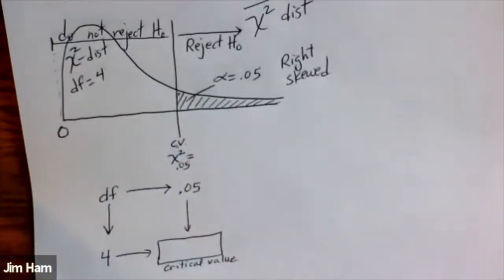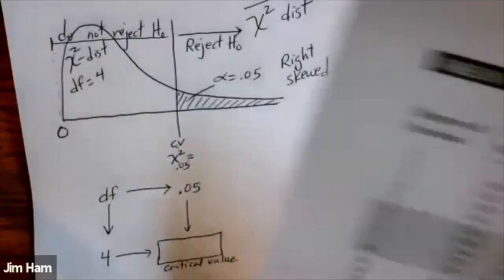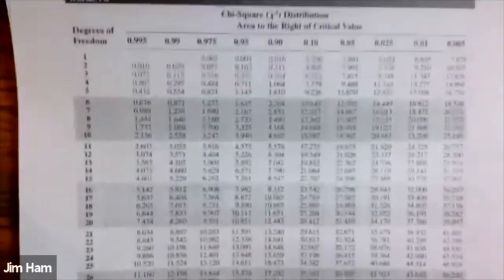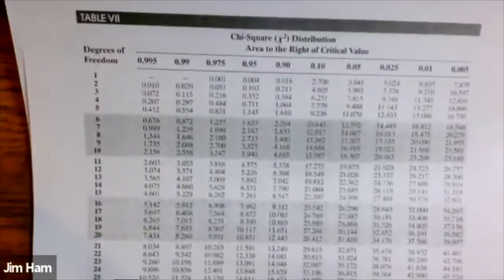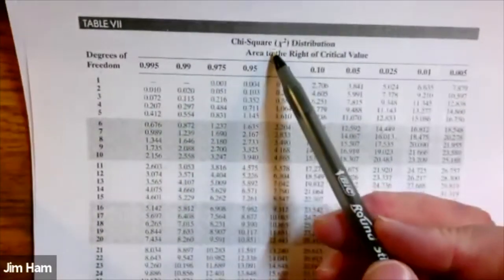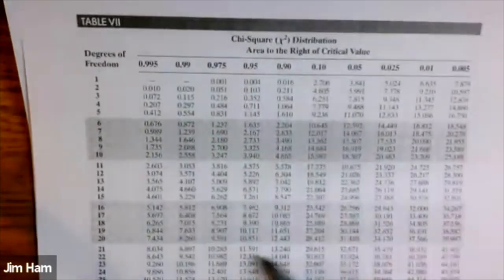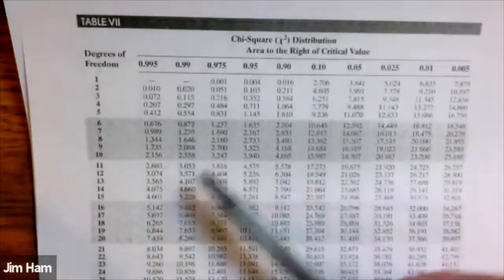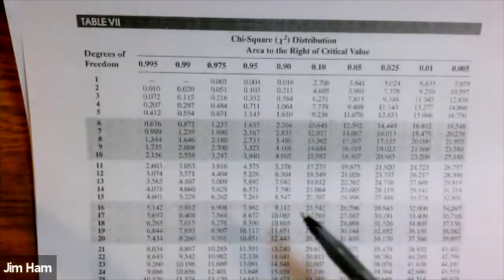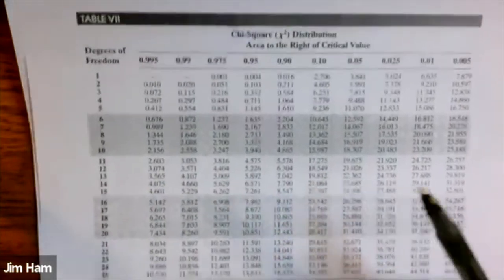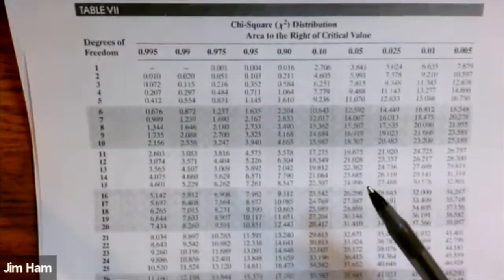All right, so I don't know if you have access to it right now, but in e-learning, I did put a copy of this table. It's the chi-square table. So here's the chi-square distribution. And all of these numbers in here, just like the t distribution, these are all critical values, critical values for a different chi-square distribution.